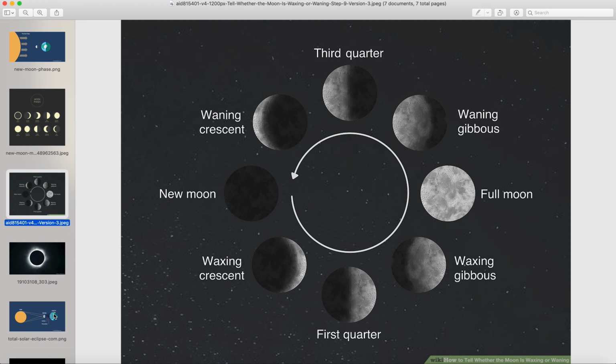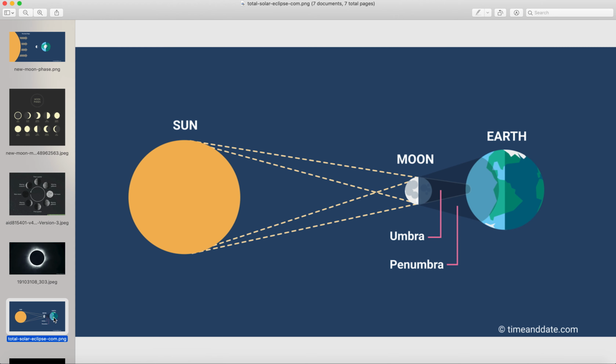So if we go down to here, this is a total solar eclipse, where you have the sun and its light is being blocked from reaching the Earth by the moon. Now, I don't agree with this diagram as it shows a globe Earth in it, but the basics of it seem to be pretty much correct, where the moon occults the sun. That's what happens.